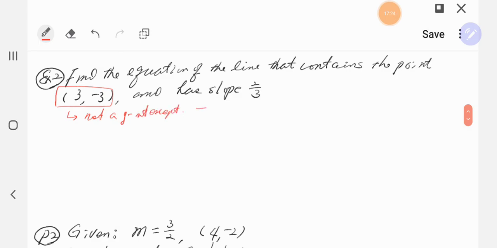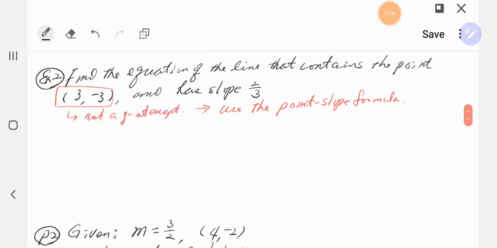Then it is better to use the point-slope formula. You may also use slope-intercept form, but it doesn't matter. In this case, let's use the point-slope formula.